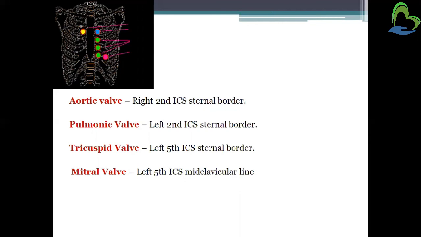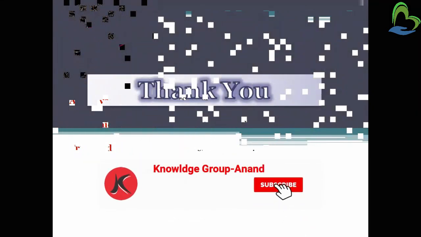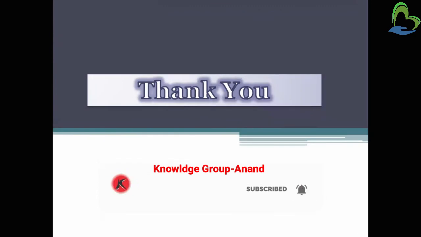The third one is the tricuspid valve. It is at the left fifth intercostal space, sternal border. And the most important one is the mitral valve. It is situated at the left fifth intercostal space, mid-clavicular line. So that is the methods of physical examination. I hope you have understood the methods of physical examination.